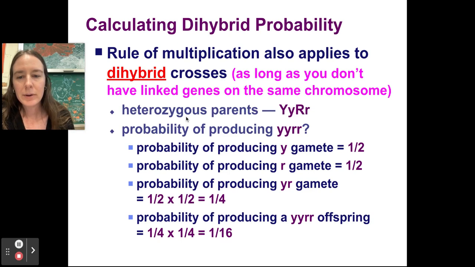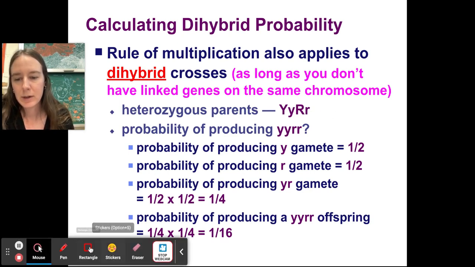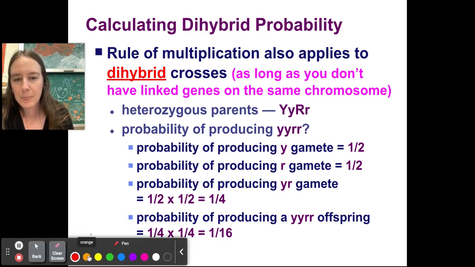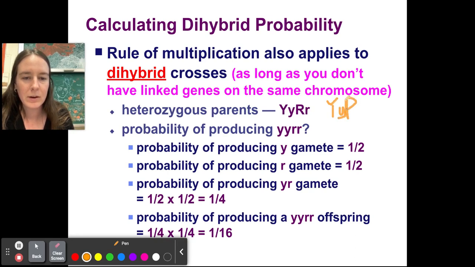Okay, so here's the question. If you have heterozygous parents, and this is just showing one parent, but let's say you have two heterozygous parents. So I'm going to use my pen here. Let's say this is dad, and this is mom. Mom is the same exact: big Y, big R, little r.